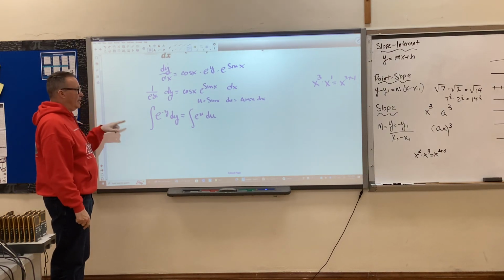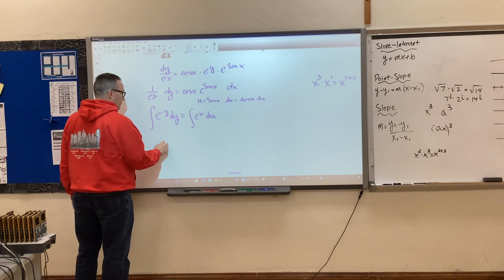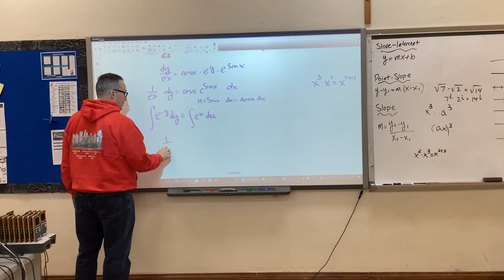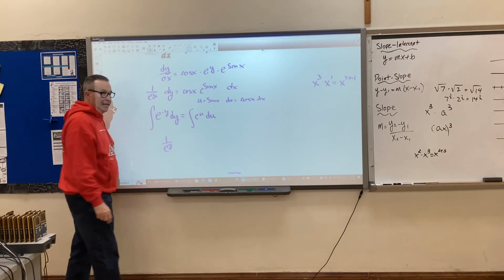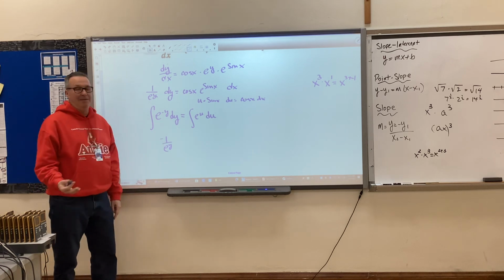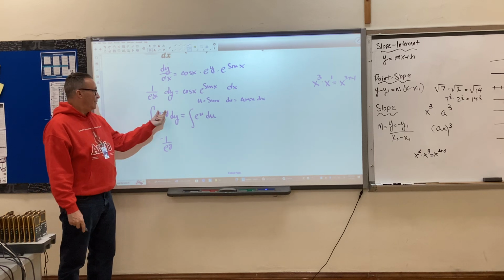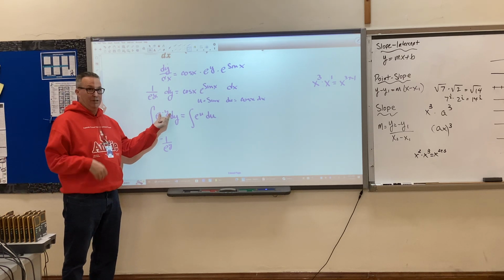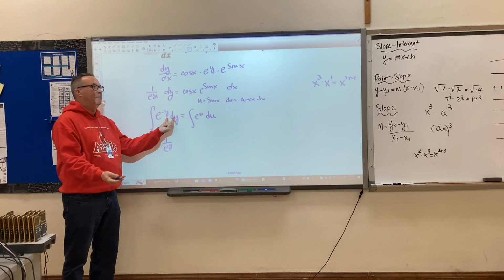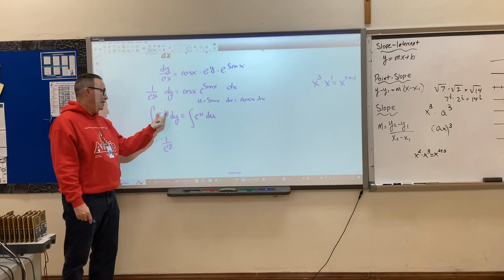So you integrate e to the negative y and get e to the negative y, divided by negative 1. I'm going to write that as negative 1 over e to the y. Because when we took the derivative, we multiplied by the constant in front of the variable, but we're integrating, so we divide by the constant in front of the variable.